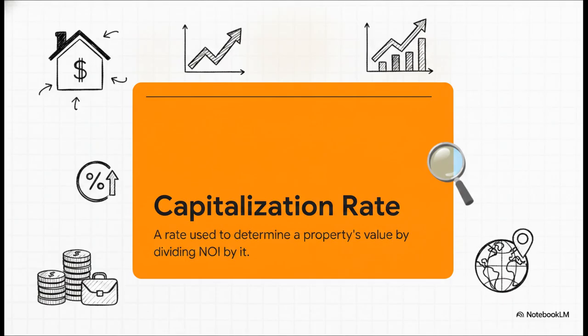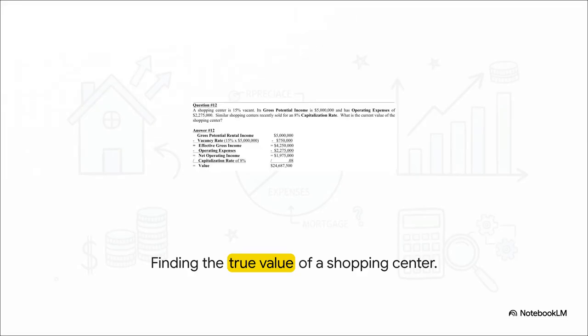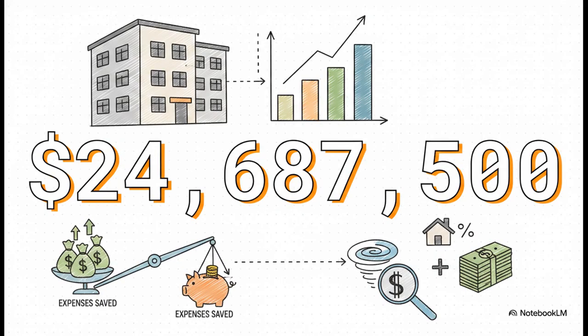It allows investors to value an asset by simply taking that heartbeat metric, the net operating income, and dividing it by the cap rate. So, by dividing our shopping center's NOI of $1,975,000 by a market cap rate of 8%, or 0.08, we can essentially reverse engineer its true market value. Doing that specific math values the asset at nearly $25 million.